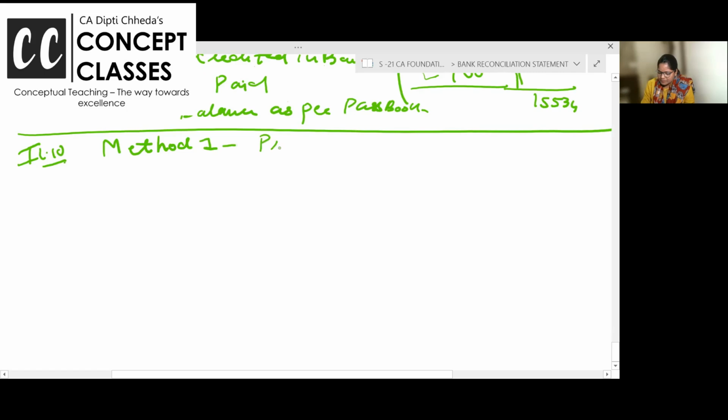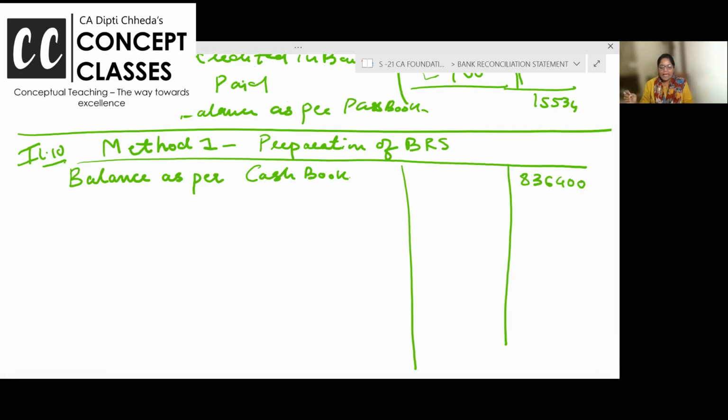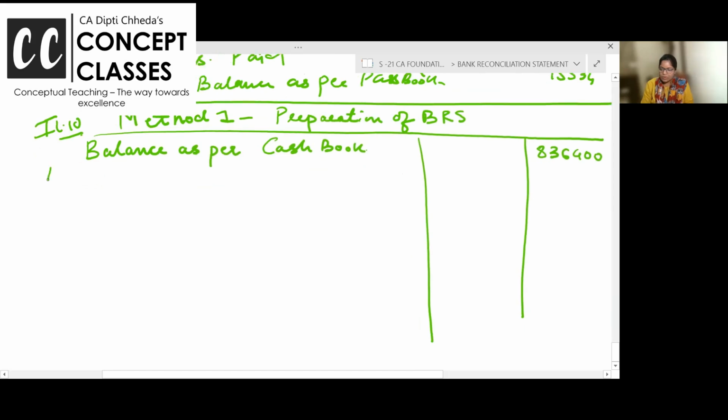Method 1. Preparation of BRS. Balance as per cash book, 8,36,400. Now leave some space for add, at least 7-8 lines.